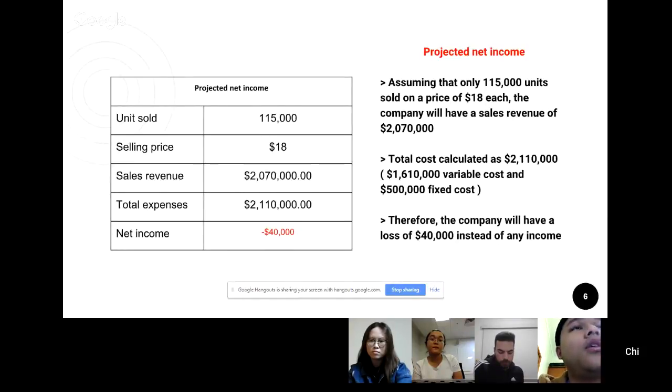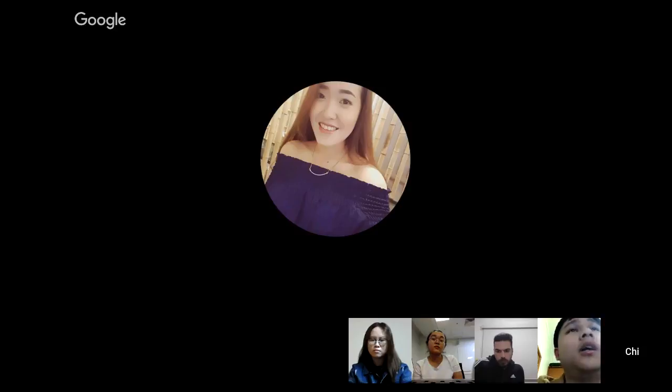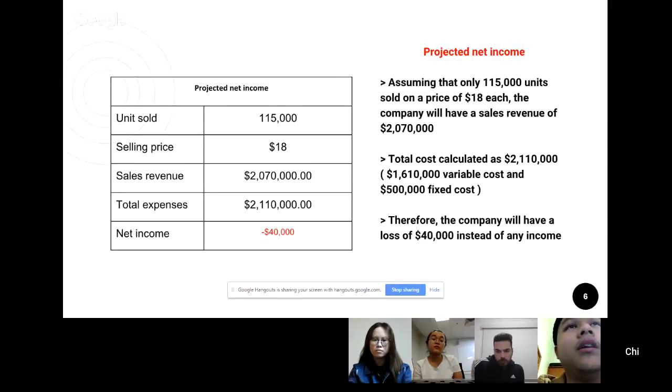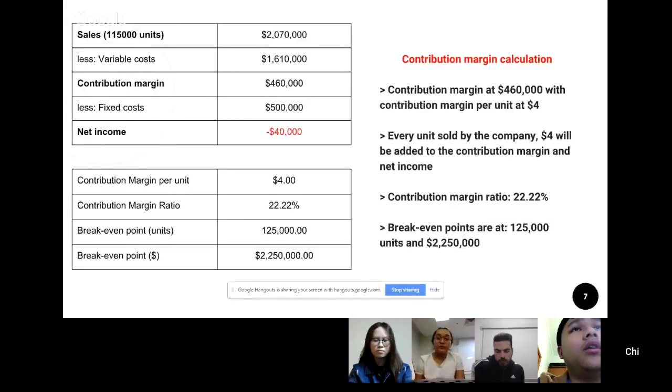So the total revenue will be 2,070,000, while the total spend, which comes from the variable cost and the fixed cost, is 2,110,000. This will incur a loss of $40,000 at the end. So the company won't make any profit in this situation.